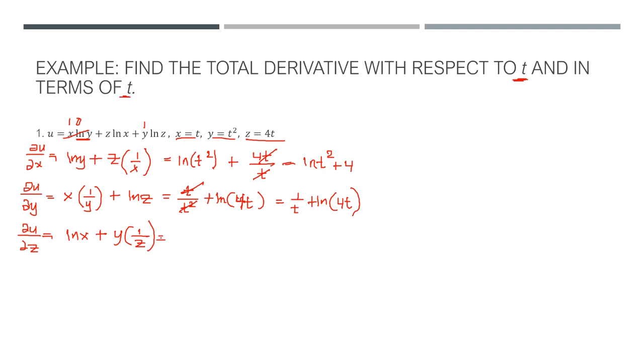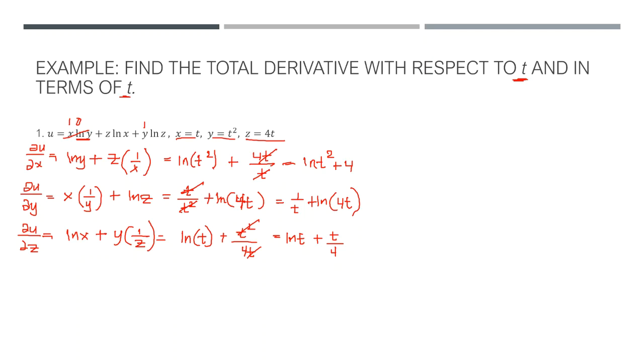Next one is ln of x, which is ln of t, plus our y, which is t squared, all over our z, which is 4t. So cancel one of the t in the numerator. So we have ln t plus t over 4.